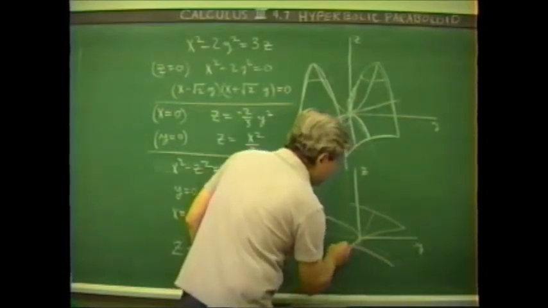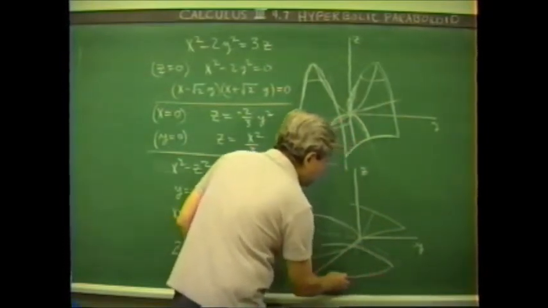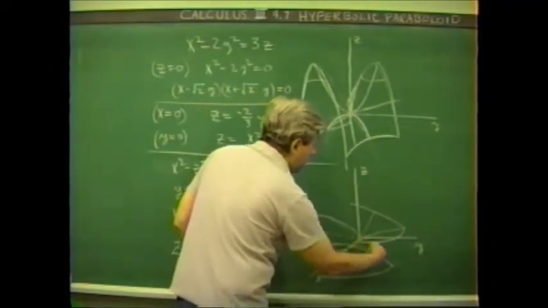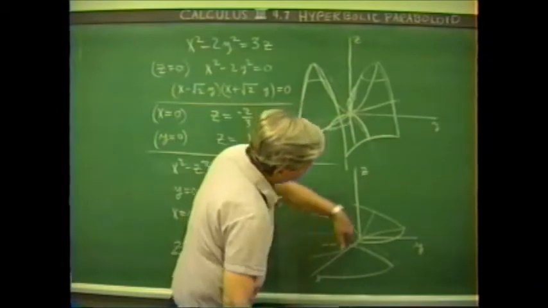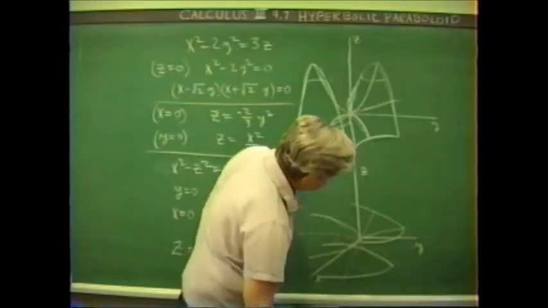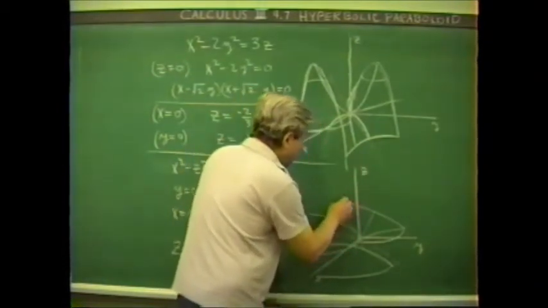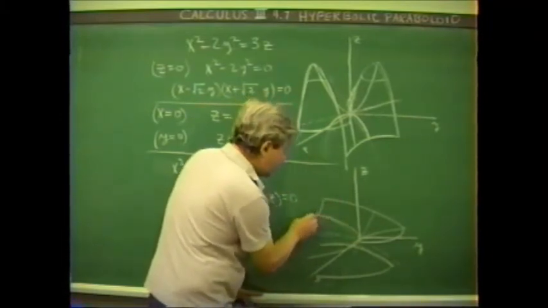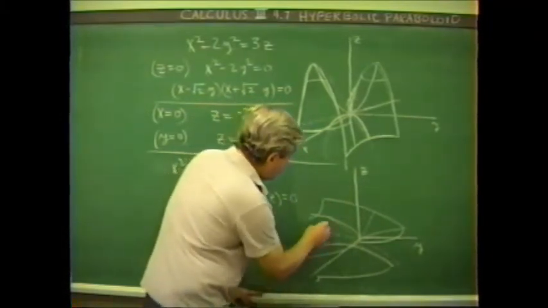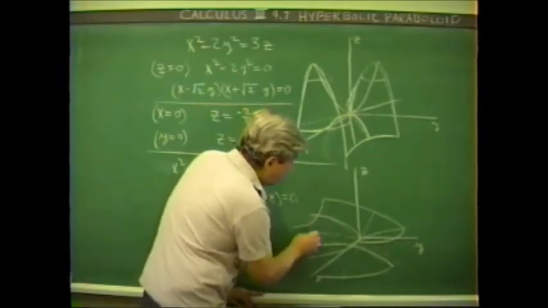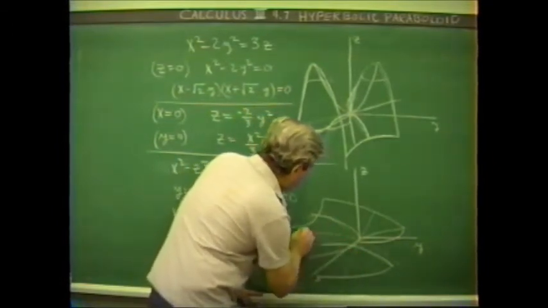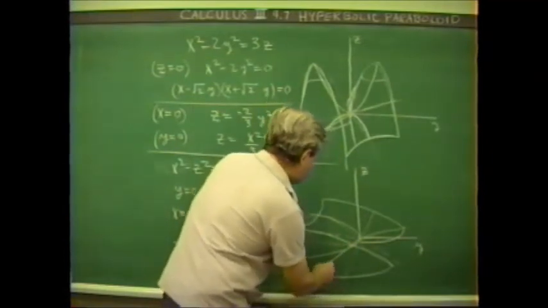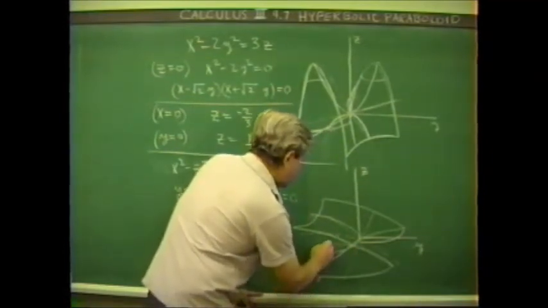So if we draw this like this, we can get a picture of this saddle. To sit on this saddle, you'd have to lie in this direction here, and it's going to look like this. In this direction here, we're going to have hyperbolas. The resulting saddle looks something like this.